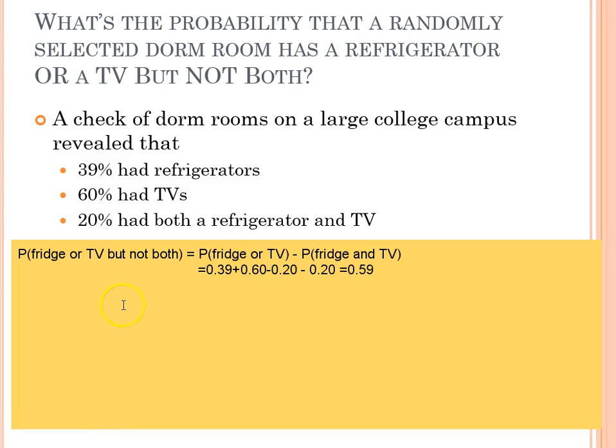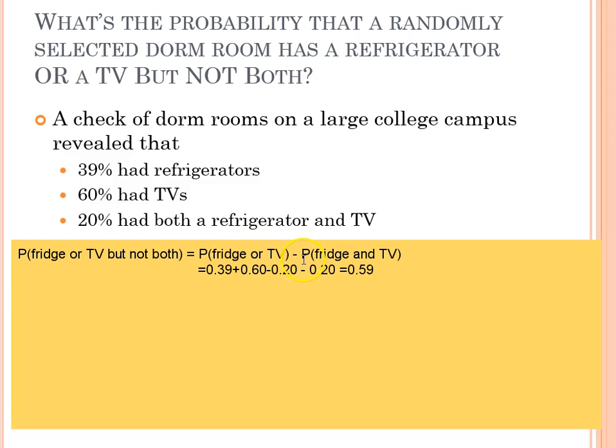So the way we want to think about this problem is the fact that we're looking at people with both a fridge and a TV, and we're counting them twice. Once when we count all the people with fridges, and once when we count all the people with TVs. So this first part, the 0.39 plus 0.60 minus 0.20, that is having a fridge or a TV.